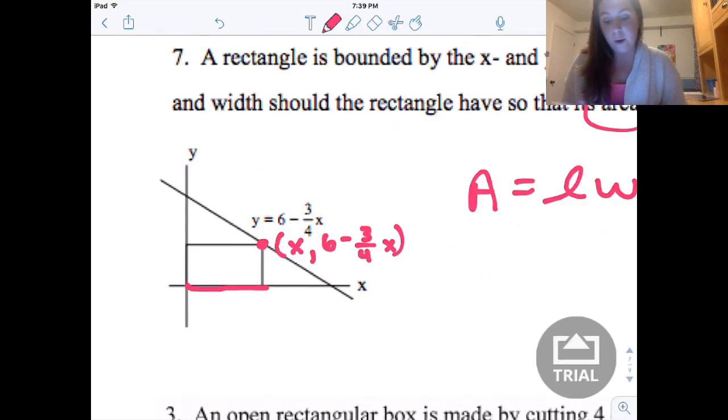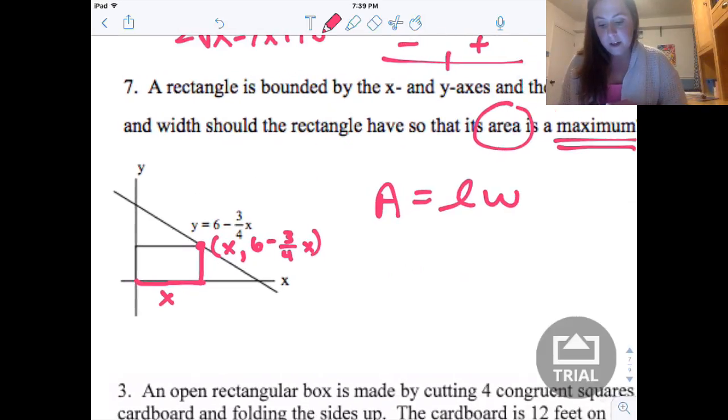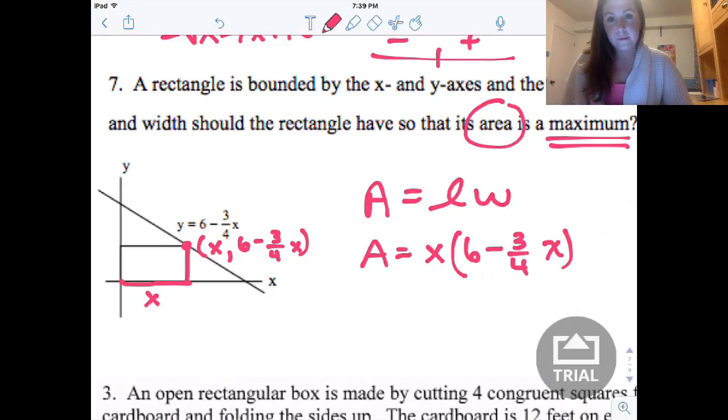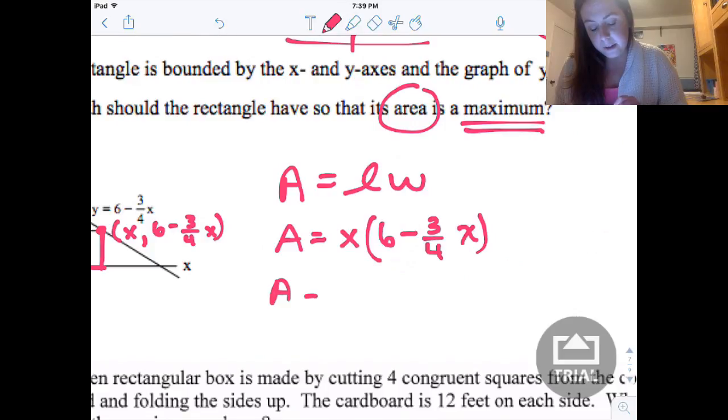Well, that's my x-coordinate. And what's the width? Well, that's my y-coordinate. So my area here is really my length, which is just x, times my width, which is 6 minus 3/4 x. And now really, this is a straight up first derivative test problem. So area equals 6x minus 3/4 x squared.